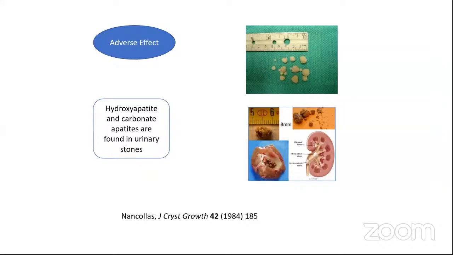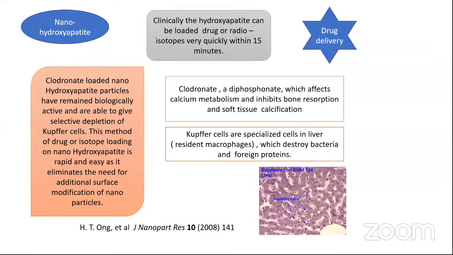Now we come to another aspect of nanohydroxyapatite. Nanohydroxyapatite has numerous applications, particularly in drug delivery systems. Clinically, hydroxyapatite can be loaded with a drug or radioisotope very quickly, within 15 minutes.